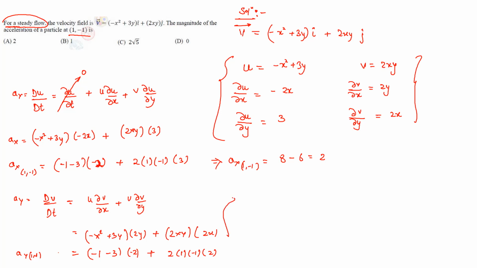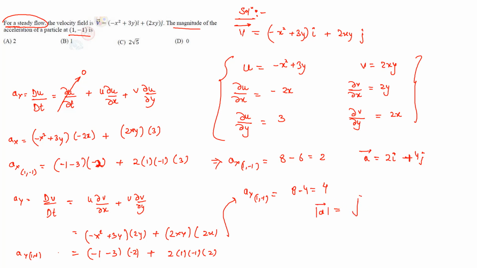So if you solve this, ay at 1 comma minus 1, you'll get 8 minus 4, which is just 4. So the total acceleration in vector form will be 2i cap plus 4j cap.